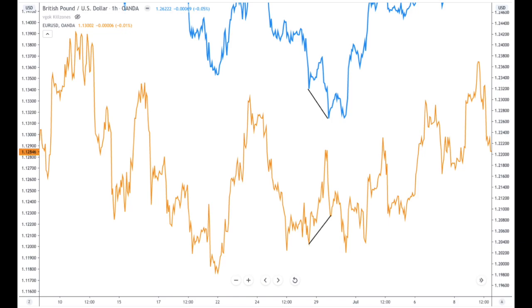But you should be asking yourself, surely if these two pairs correlate, they should have the same market structure. Now when this happens, it's known as a convergence. As you can see, the two lines which I've drawn are converging. They're basically pointing towards each other. Once you've correctly identified convergence, we expect to see bullish price action. And as you can see from the image, both pairs saw a rally in price following the convergence.